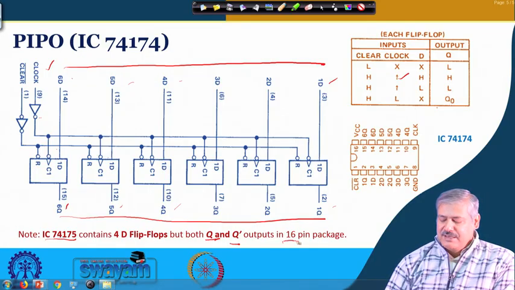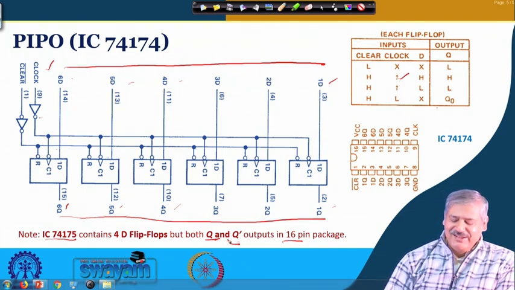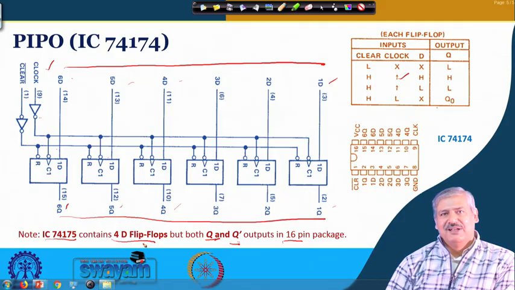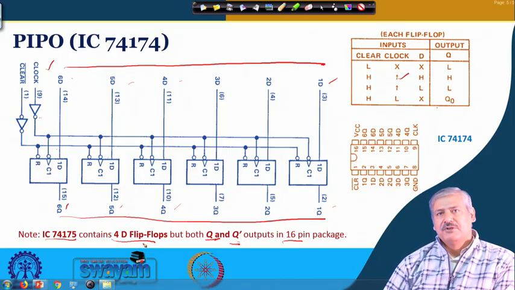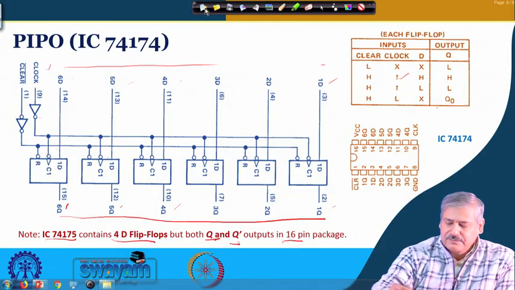It is the same 16 pin package, similar to the other 14 and 16 pin packages that are normally used. Since both Q and Q bar are there, you have to sacrifice the number of flip-flops that you can put inside the package. So, it is a quad, with 4 D flip-flops in that particular IC. So, this is the issue with parallel in, parallel out, but it is also useful and you can make use of it depending on your requirement.